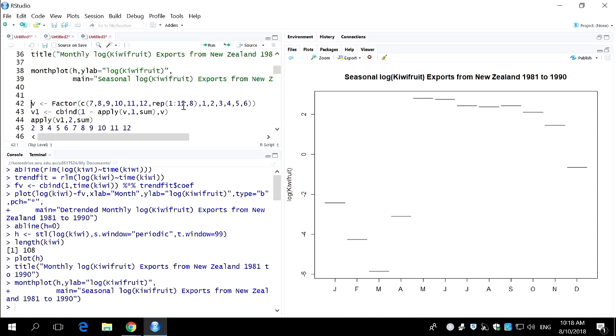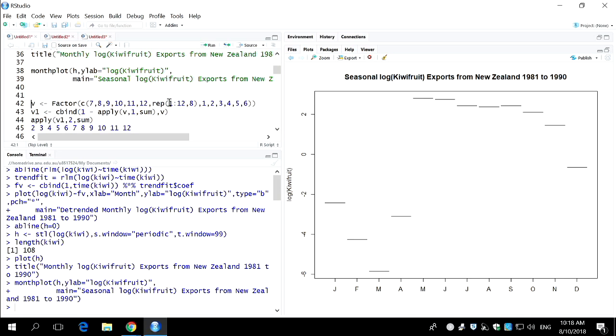So when we fit our seasonal effect, there's a few different ways you could do it. The simplest way is to say, look, every month is different. I'm going to fit a factor which has a separate constant for each month. To do that, V is a factor; it starts in the 7th month, so you've got 7, 8, 9, 10, 11, 12, that's the end of the first year.